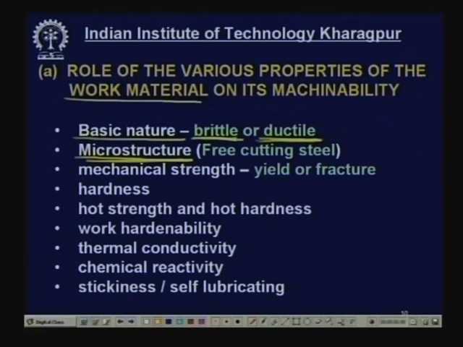But ductile material is very difficult, say mild steel, pure copper, pure aluminum and their alloys. So, what is done is that sometimes they are converted into free cutting material, say free cutting steel. What is it? There are basically two types of free cutting steel. In mild steel, for example, a certain amount of lead is added and made to disperse throughout the matrix.